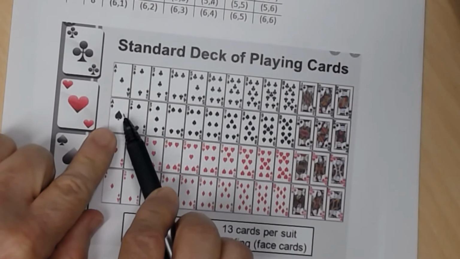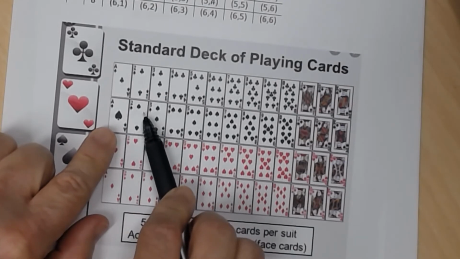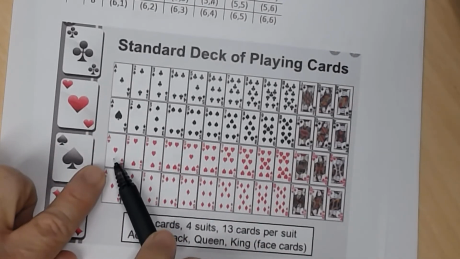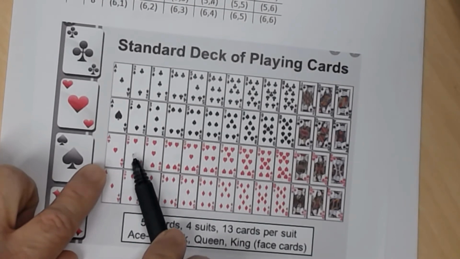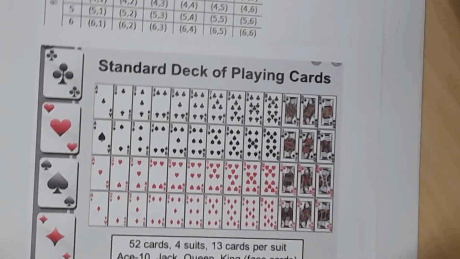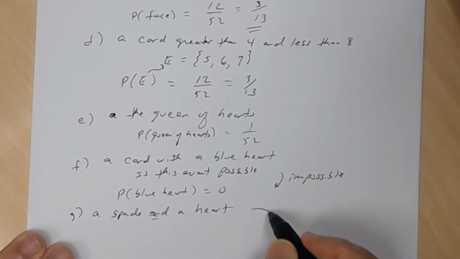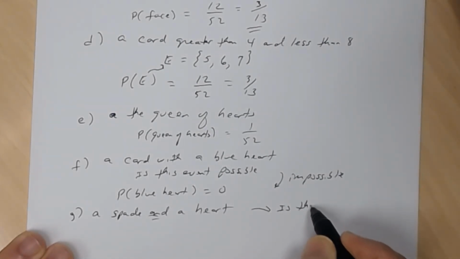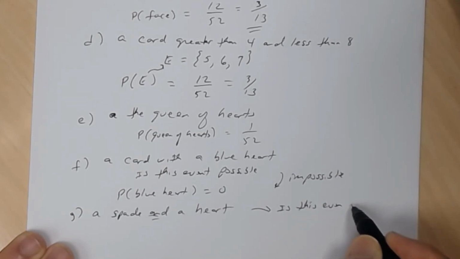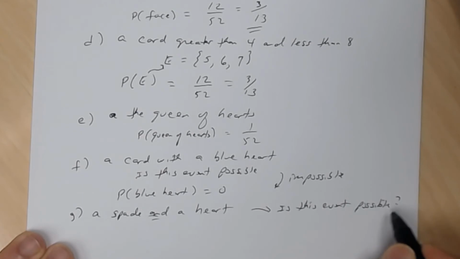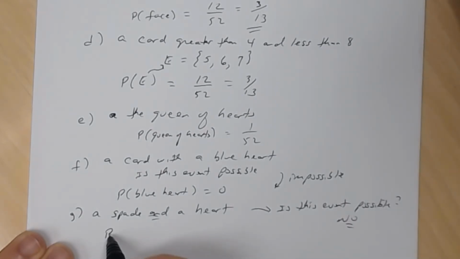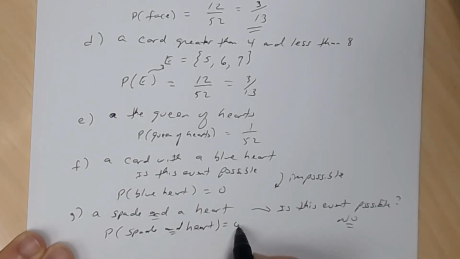Here's a spade. Do you see a heart there? Here's a heart. Do you see a spade? No. So is this event possible? No, it's not possible. So the probability of being dealt a spade and a heart is 0 also.